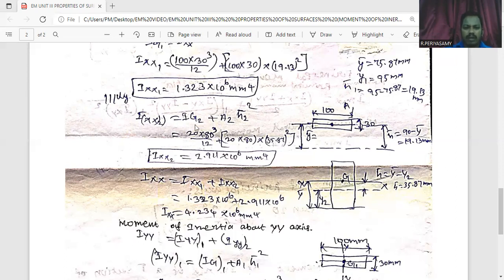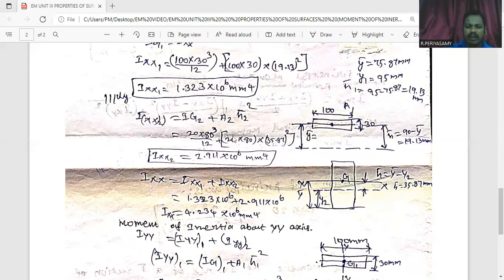So all the values are substituted into this formula. Here Ig2 is equal to BH cube divided by 12, where breadth is 20 and height is 80, so 80 power cube divided by 12, plus area of the component, 20 into 80, into h2 bar value 35.87 whole square.